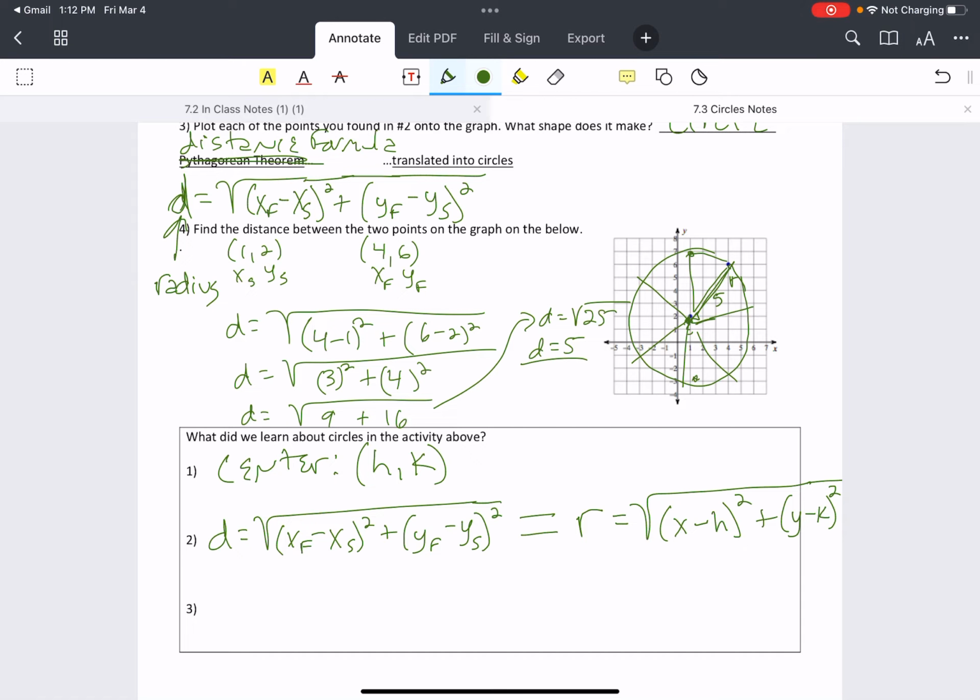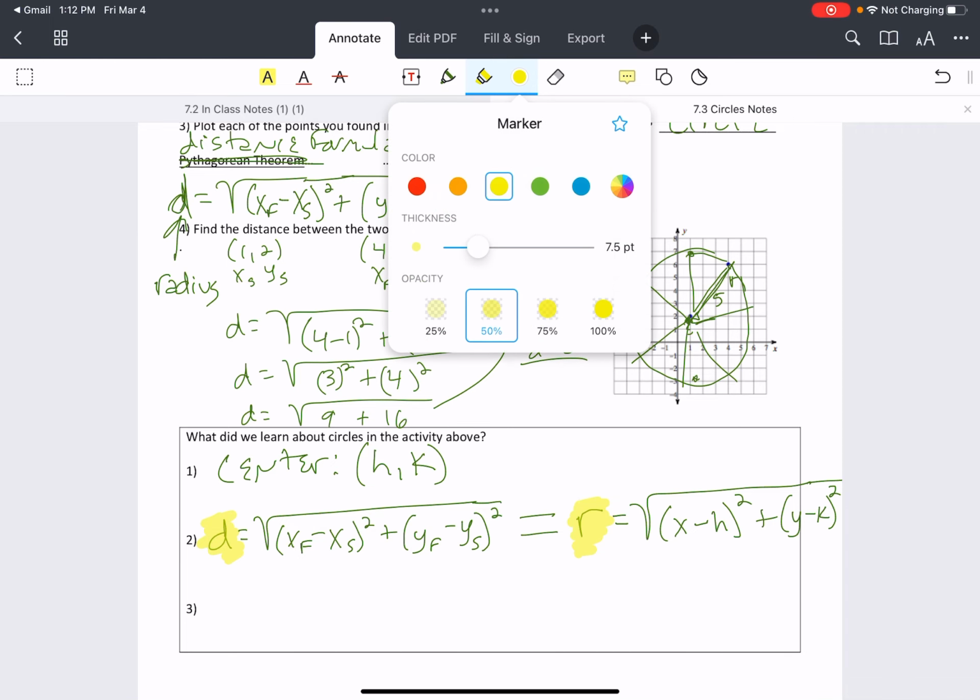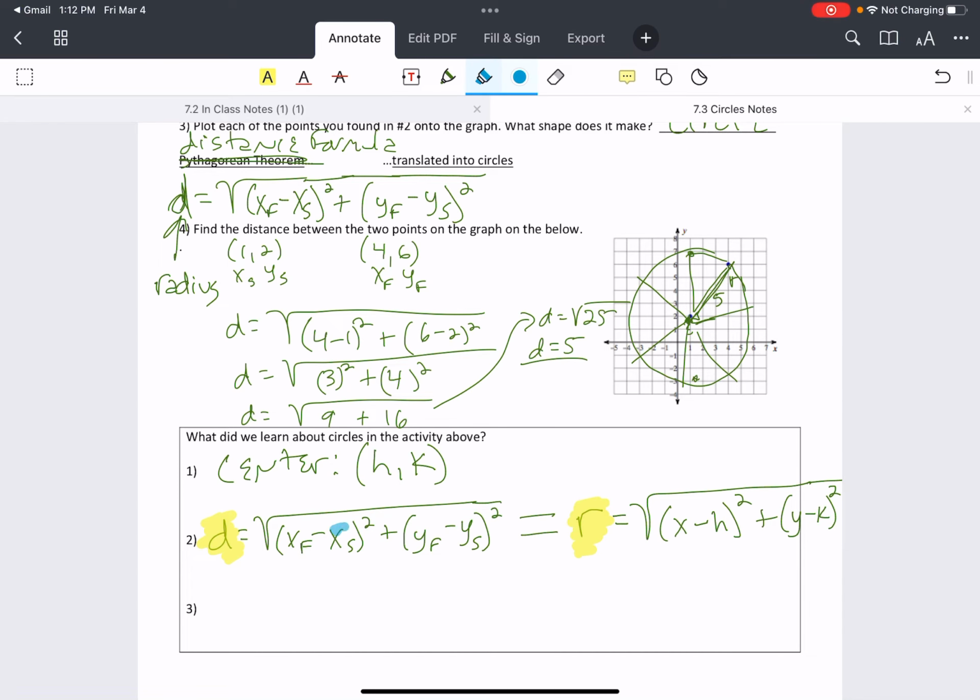So our distance is always the radius of the circle. And my x start is the same as my center. So it's the same with different letters. Yep, that's what I'm trying to point out to you.